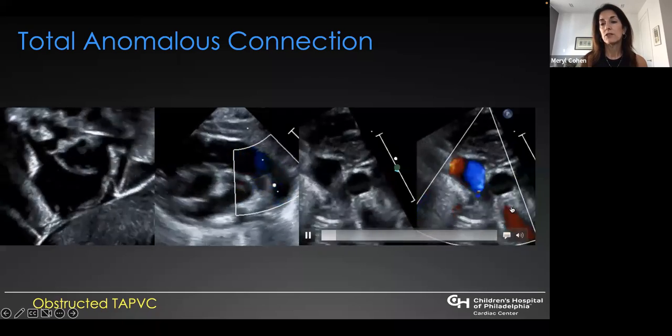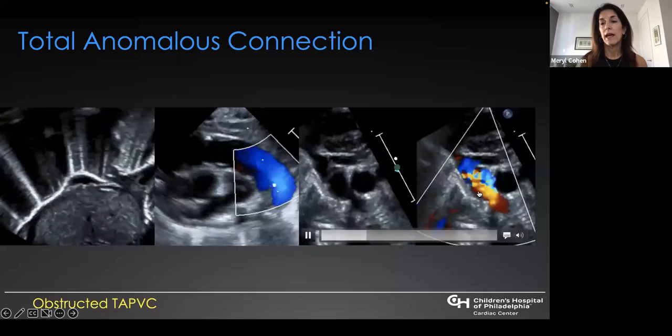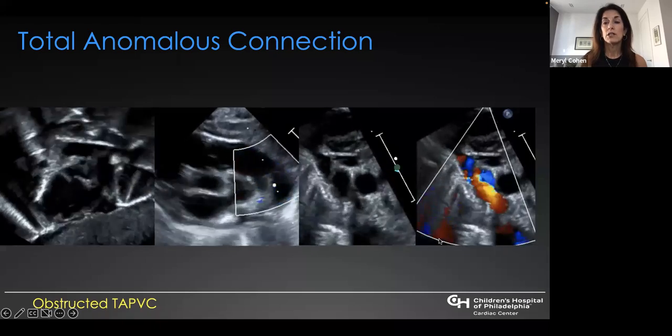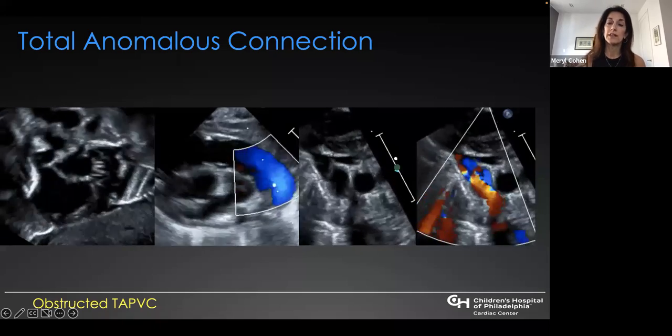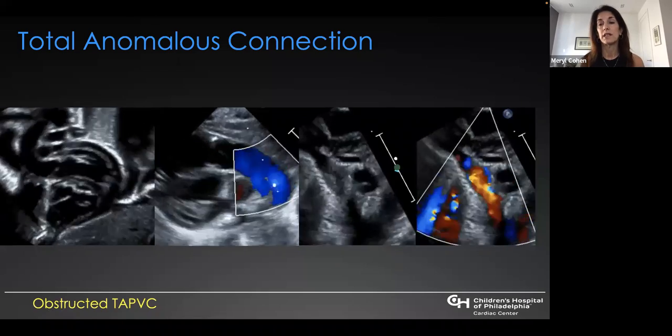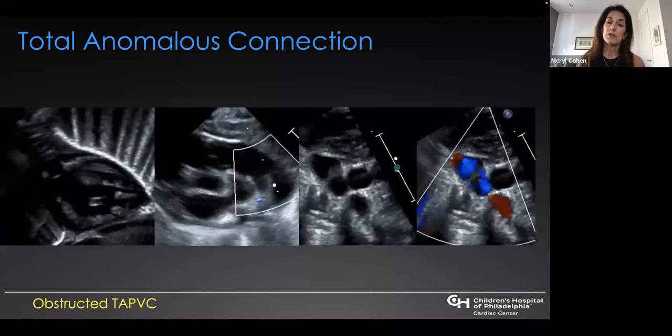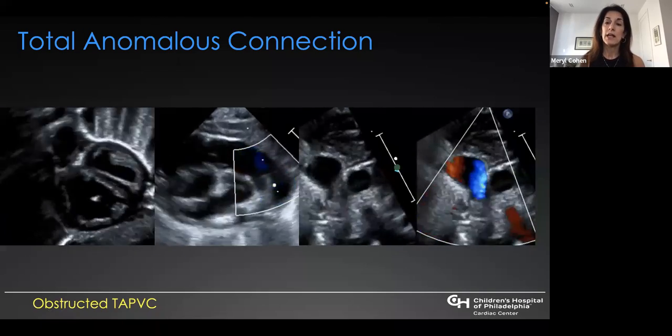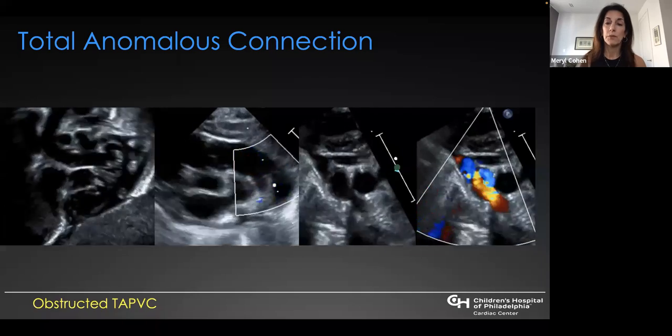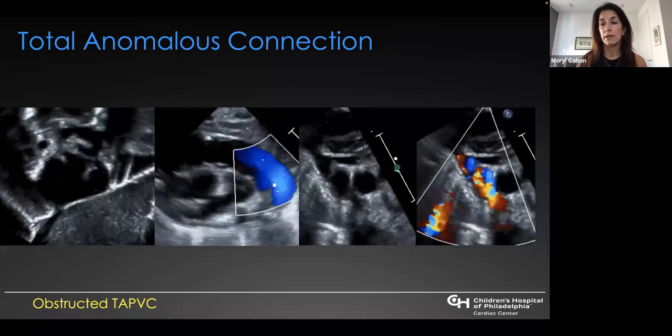And then you can make a determination of the pathway and where the obstruction is occurring. So in this example of a vertical vein making its way over to the superior vena cava, you can see that there's probably a vice-like obstruction as the vein passes between the RPA and the bronchus.